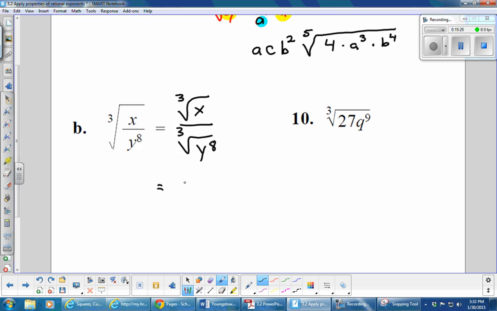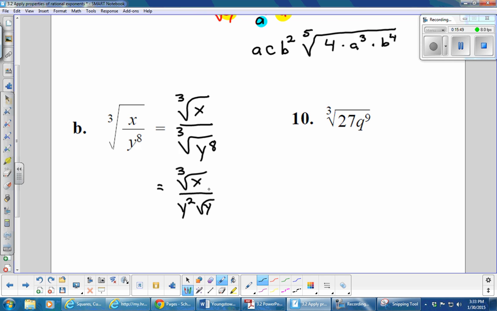Well, it can go in 2 times with 2 left over. So the top, well, not much I can do about that. So that might already be done. But the bottom, I'm going to get a y squared outside because it goes in twice. I'm going to have one of these left over. Okay, so we would be done, but what's the problem?